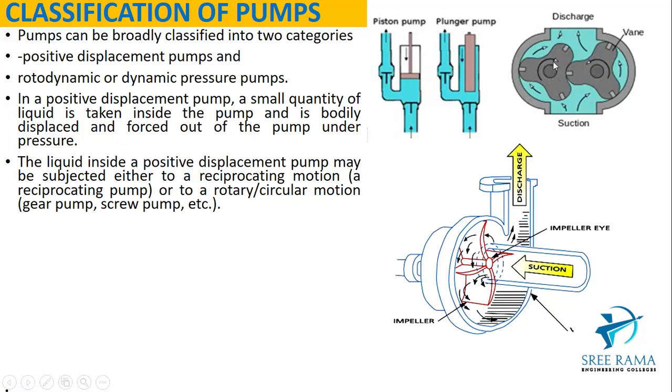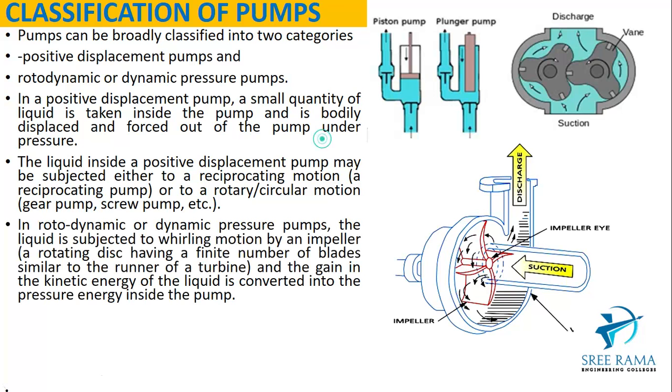As the vanes rotate, negative pressure is created in the lower portion and higher pressure is developed in the upper portion. Examples: gear pumps and screw pumps come under rotary or circular motion. So these two are known as reciprocating and rotary positive displacement pumps.